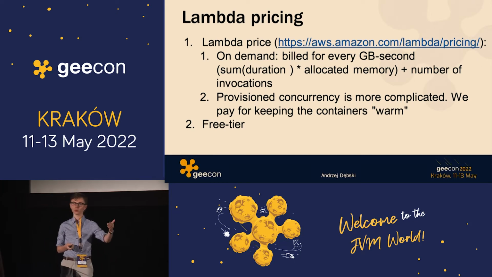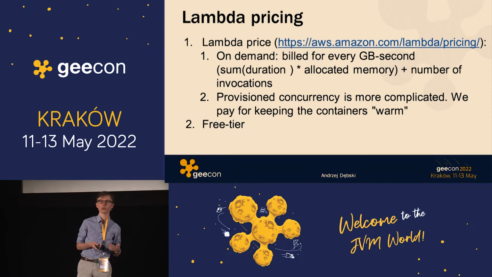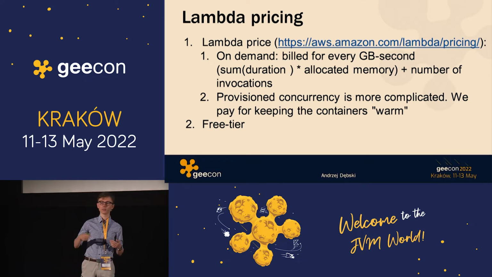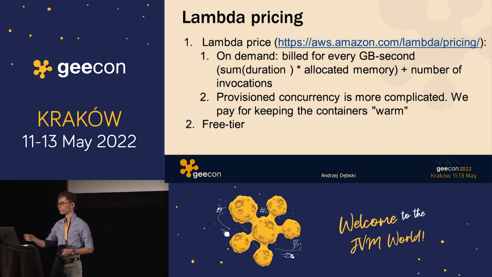So even if you use up your 1 million invocations, but your function is not really memory hungry and you didn't allocate a lot of memory to it, you will still not pay for gigabyte-seconds until you use 400,000 gigabyte-seconds in a month. So this is something really worth keeping in mind.